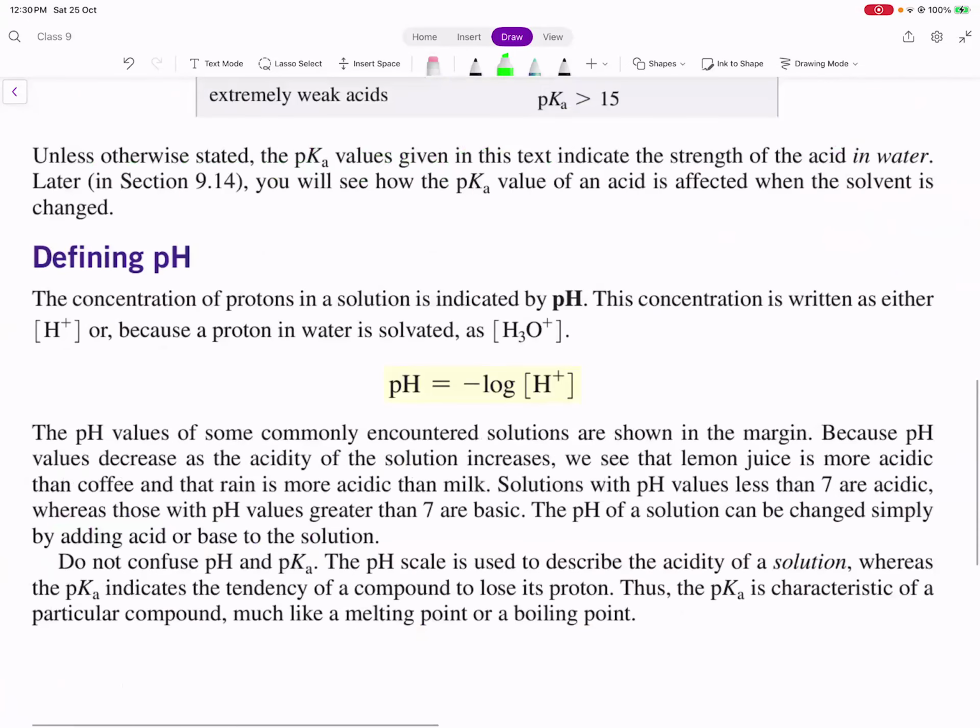Now we define something as pH. pH is related to the hydrogen ion concentration. pKa was negative log Ka, so pH is nothing but negative log of hydrogen ion concentration.